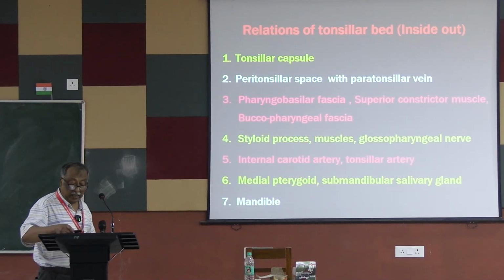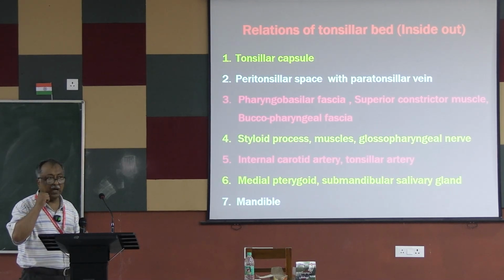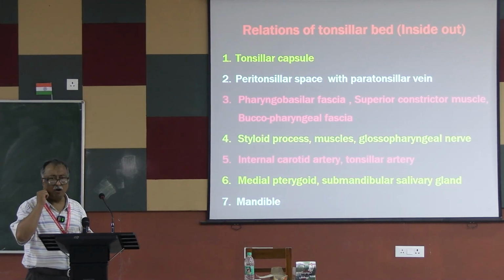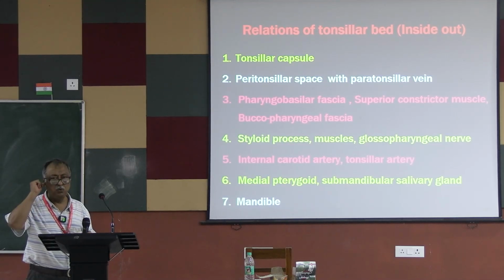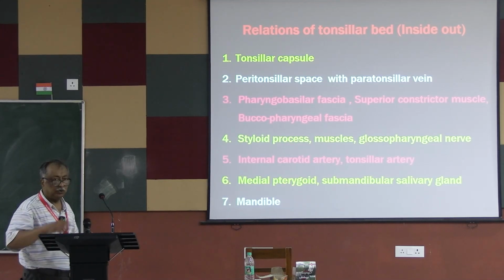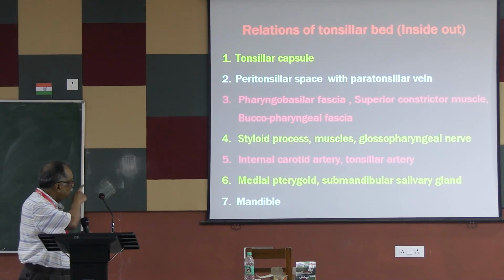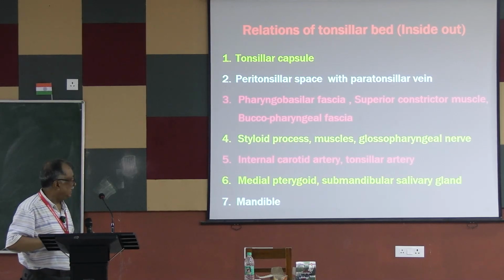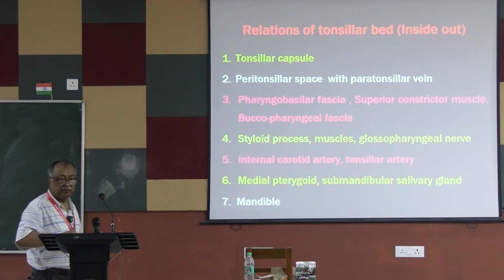Sometimes the patient complains of pain which starts just beneath the angle of the mandible and radiates to the neck, sometimes to the ear also. It is Styalgia. Styalgia is due to an elongated styloid process, which gives pressure on the glossopharyngeal nerve.